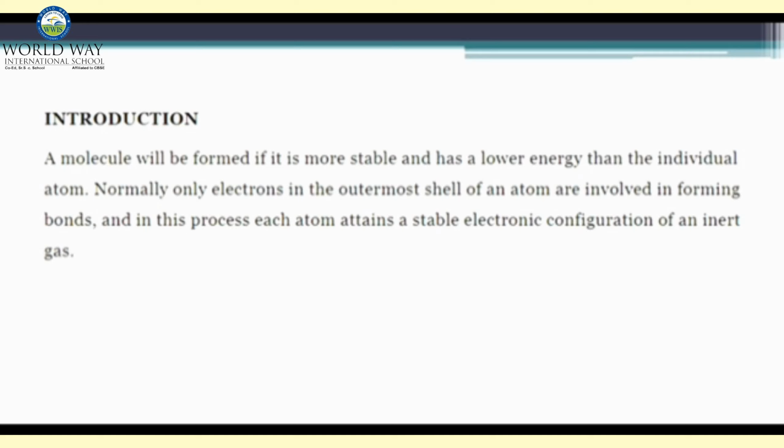Only the electrons which are present in the outermost shell, also called the valence shell of an atom, are involved in the formation of bonds, and in this entire process, each atom attains a stable electronic configuration of the nearest noble gas. The criteria suggests that every molecule tries to be stable after achieving stable electronic configuration.